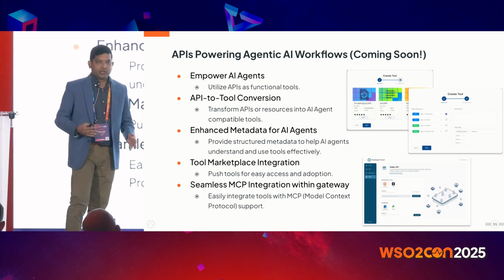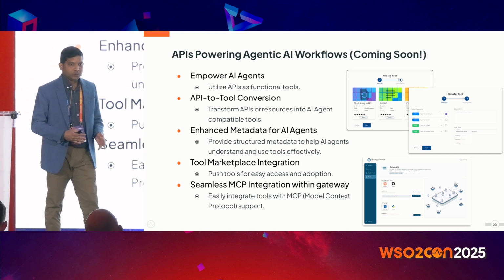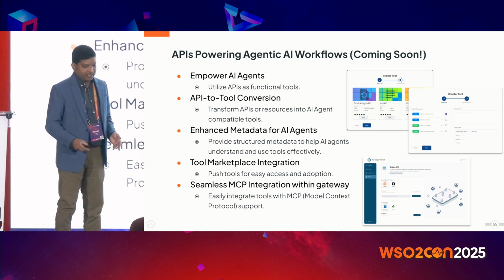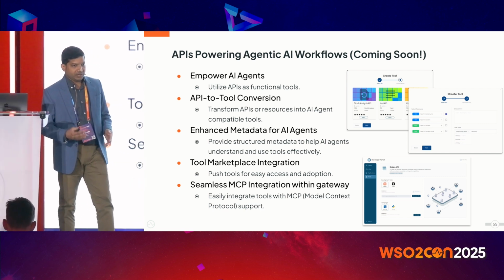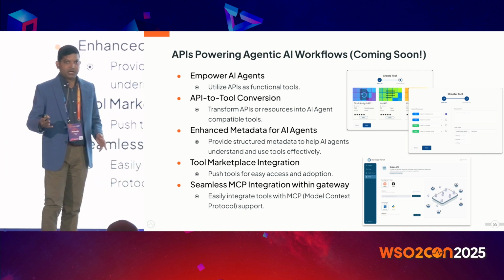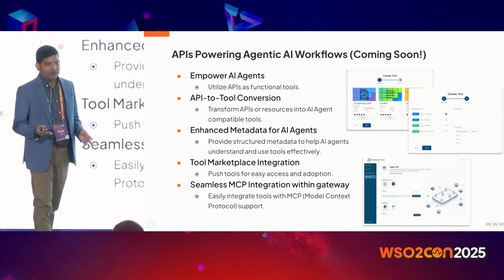Likewise, we'll have to improve on the metadata, so you have to add more metadata into the tool as well. And then there will be tool marketplace integrations, where we push the tools to different marketplaces. And then MCP integration is one of the key aspects.